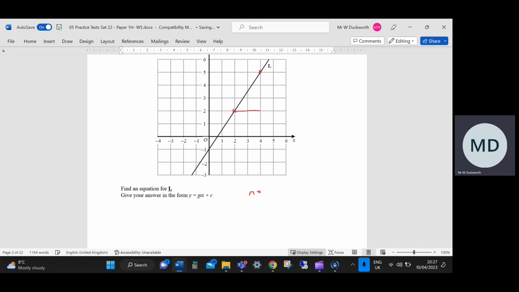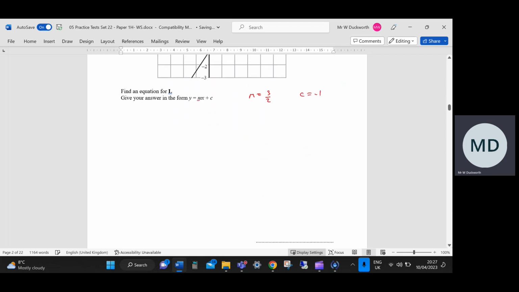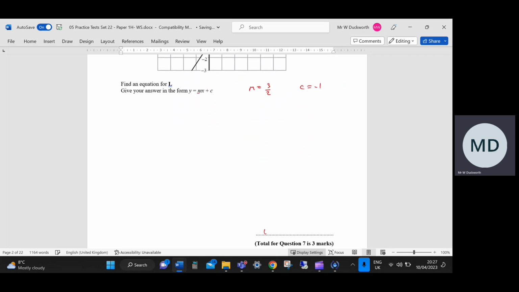Checking it on the scale, this is 3 up and 2 across, positive gradient of 3/2. And then the intercept on the y-axis is c. c is going to be equal to -1. So the equation of the line is going to be y is equal to 3/2 x minus 1.